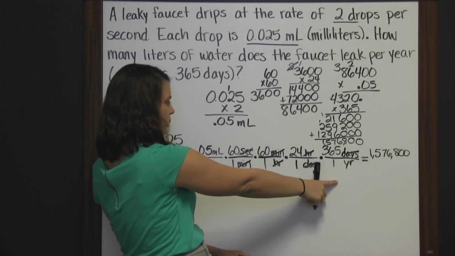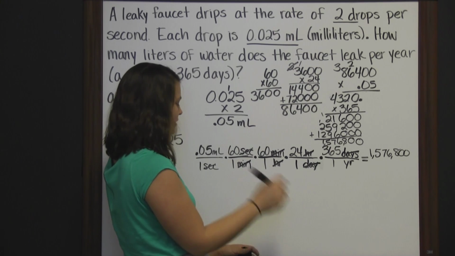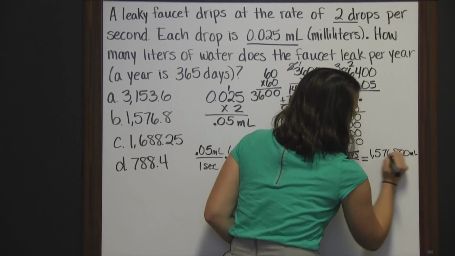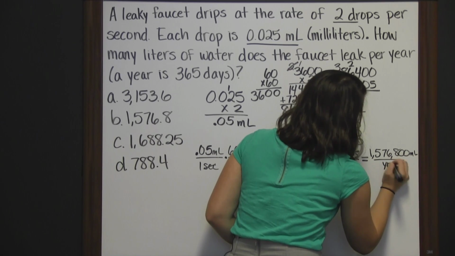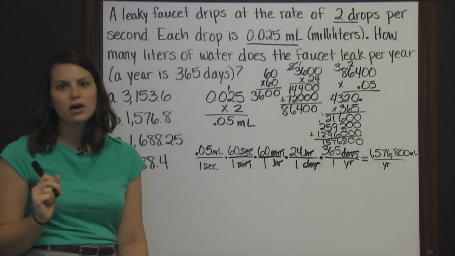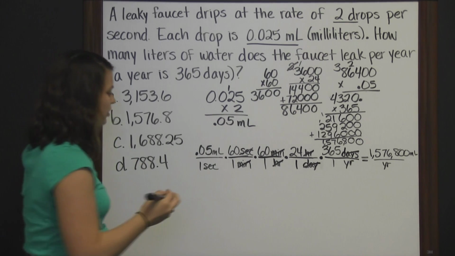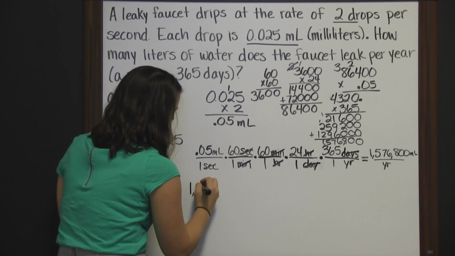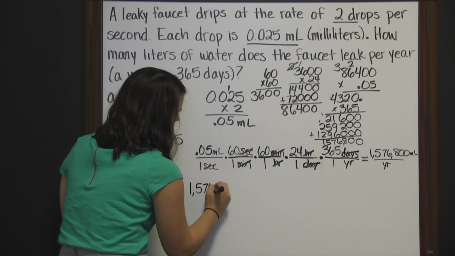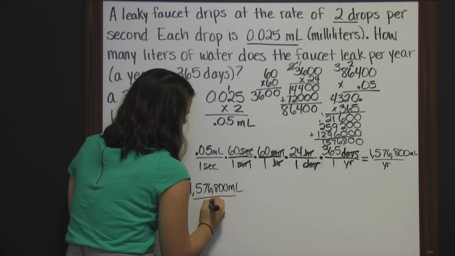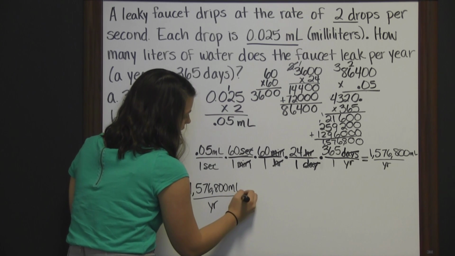milliliters per year. Notice all of our other units are canceled out except for milliliters per year. But if you recall, they wanted to know how many liters of water were leaked out per year. So we need to convert this 1,576,800 milliliters per year into liters.